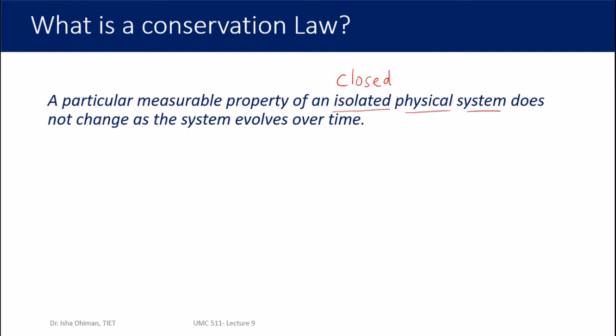So conservation laws are applied only to finite closed systems, which do not exchange anything with the surroundings. In such systems, you are definitely going to find some quantity which remains the same over time, or remains conserved with respect to time. Those quantities are called conserved quantities.